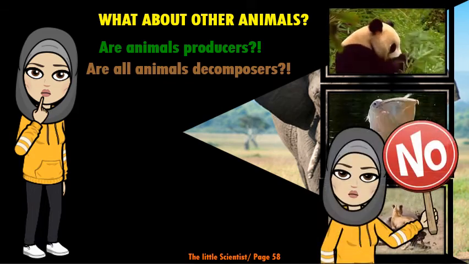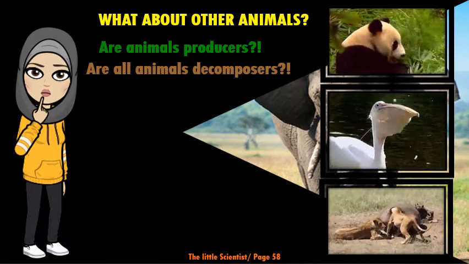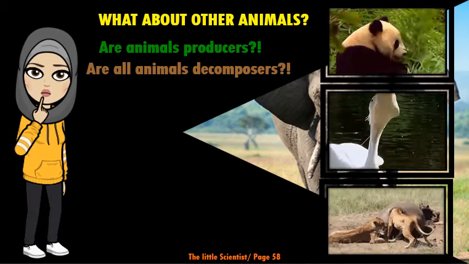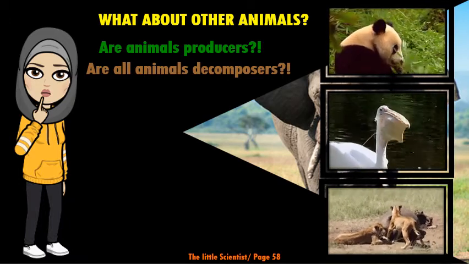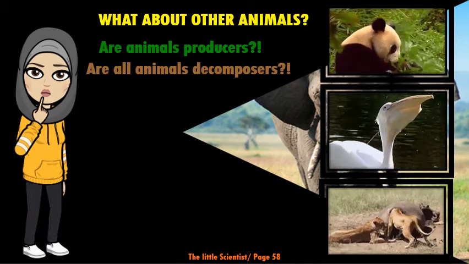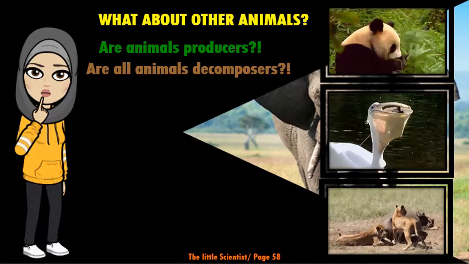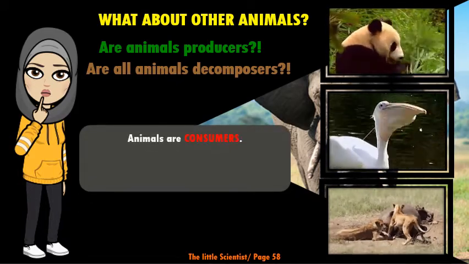No, they're not. This kind of organisms that eat other organisms, like the panda is eating plants, the bird is eating fish, lions are eating other animals. These animals that feed or eat other animals are considered as consumers.